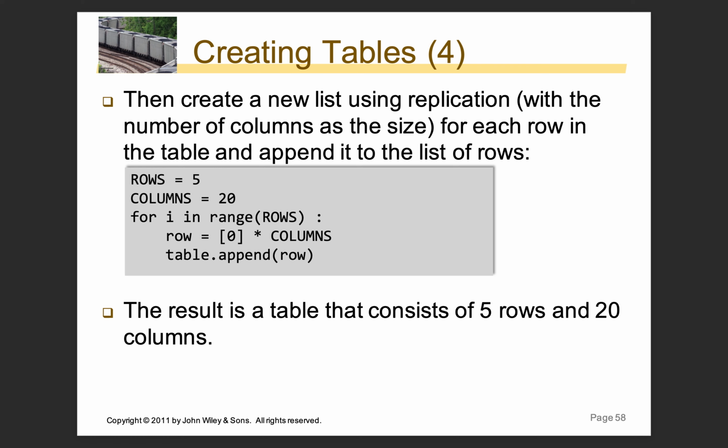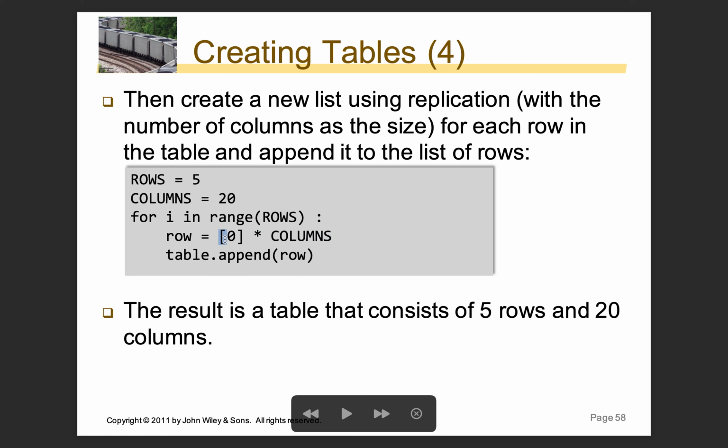So our table is going to hold rows, and each element is going to be filled up with an individual row. We're going to have 5 rows, and each row is going to have 20 columns. So for i in range rows, row equals 0 times columns. This is going to produce a list called row with 20 zeros in it.